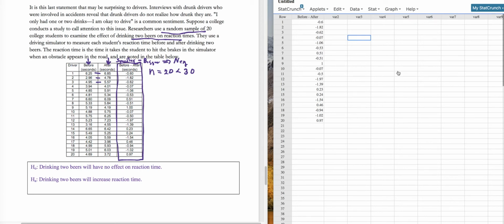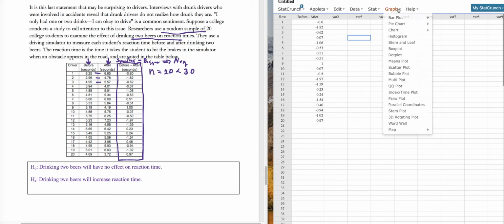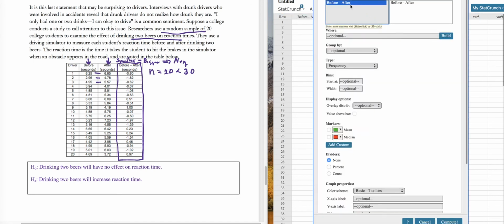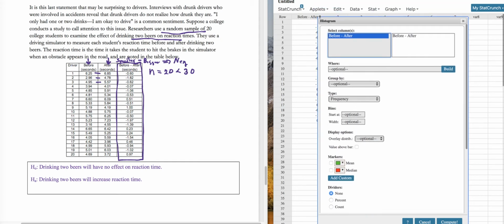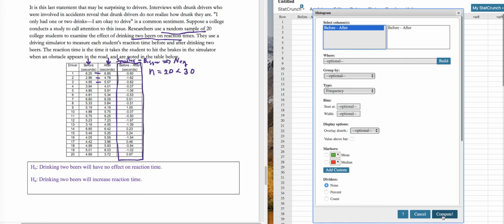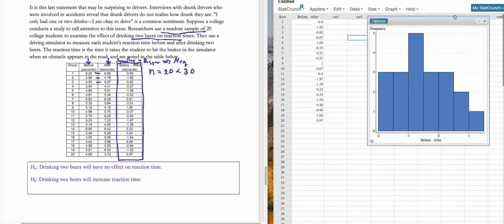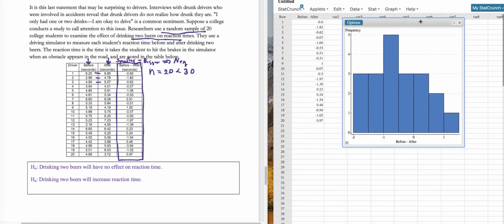I just put this data in, and now I'm going to make a histogram using that. Let me try and make that a little smaller for you. Using that before-minus-after data, we compute, and we see that our conditions are okay. This is not highly skewed one way or the other.